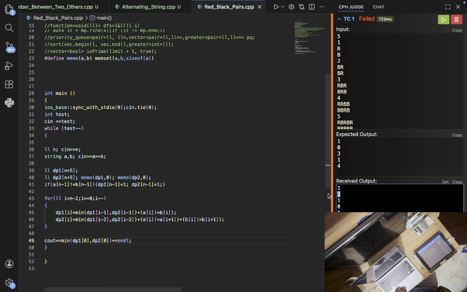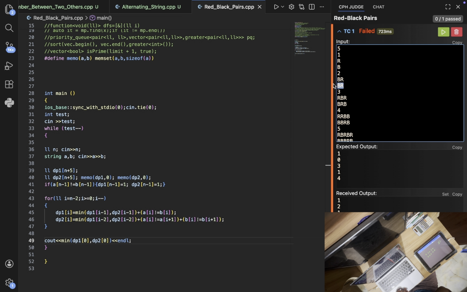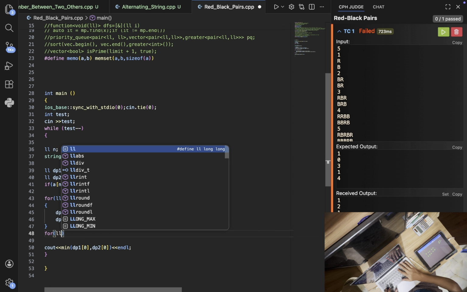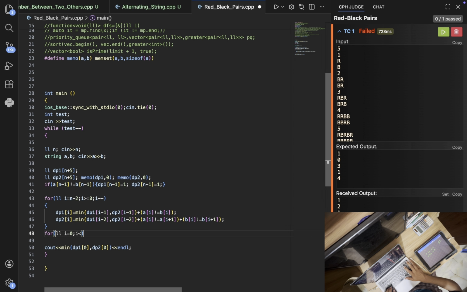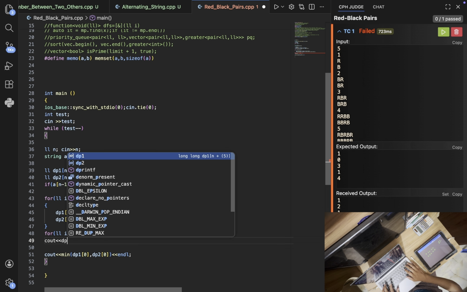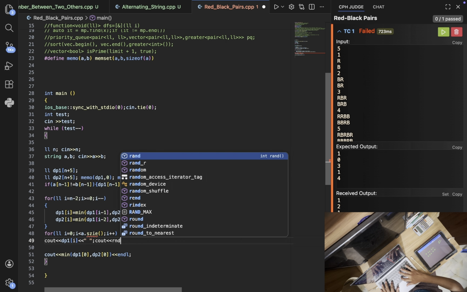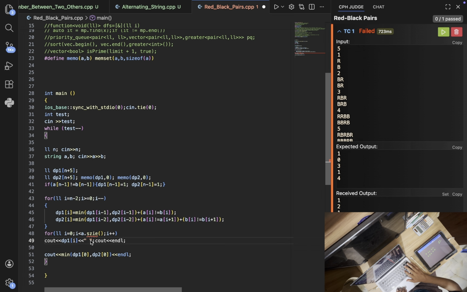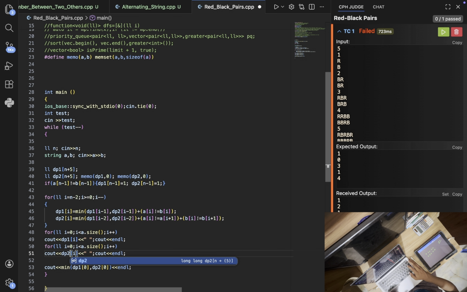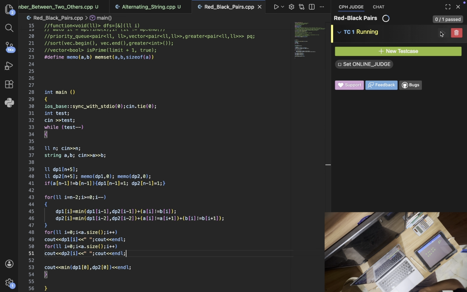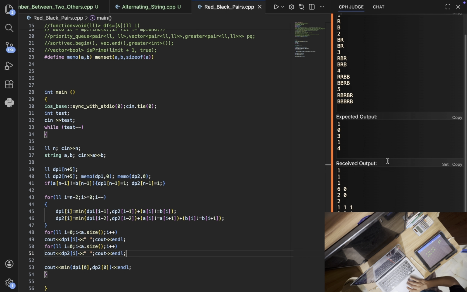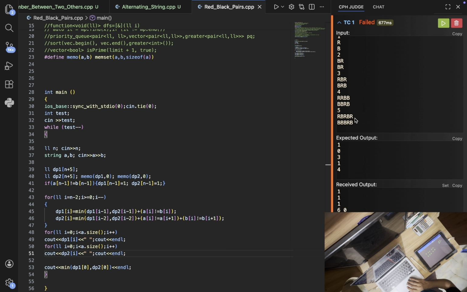Sample 1, it got 2. Test case, okay. What 6?